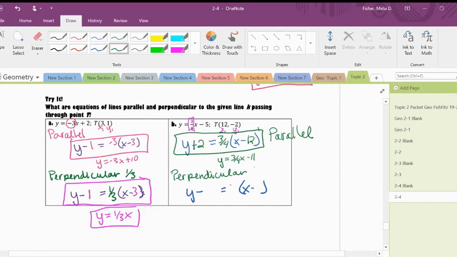So instead of 3/4, we would have -4/3. And then our point would still be 12, and it would still be a +2. So that would have been perfectly acceptable to leave it in point slope form. If it asked for slope-intercept form, you solve it, and you would have gotten y equals -4/3 x plus 14.